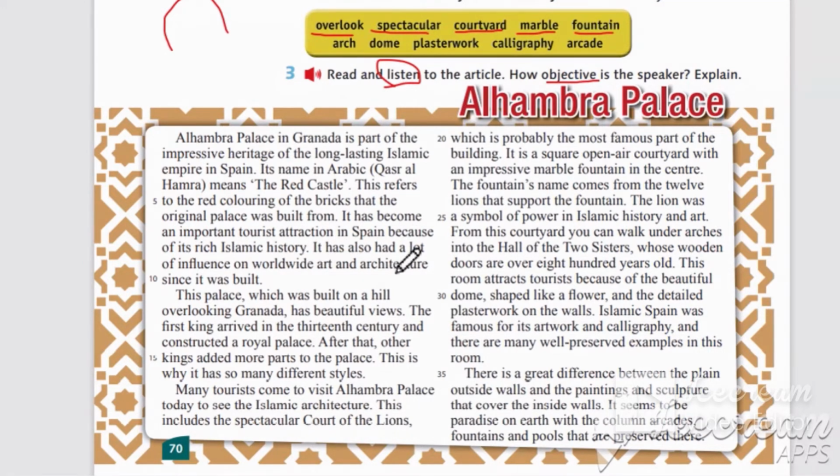It has also had a lot of influence on worldwide art and architecture since it was built. This palace, which was built on a hill overlooking Granada, has beautiful views. The first king arrived in the 13th century and constructed a royal palace. After that, other kings added more parts to the palace. This is why it has so many different styles.